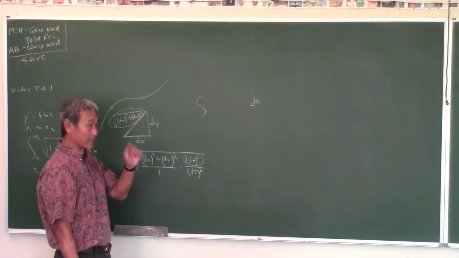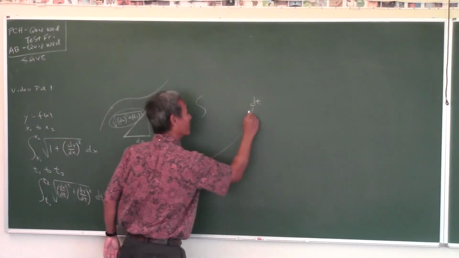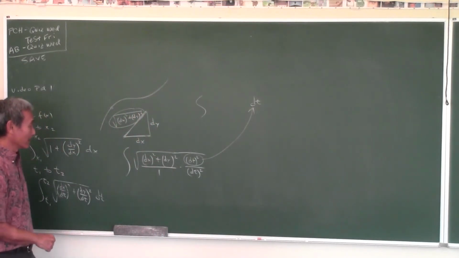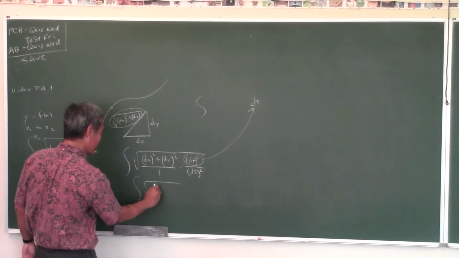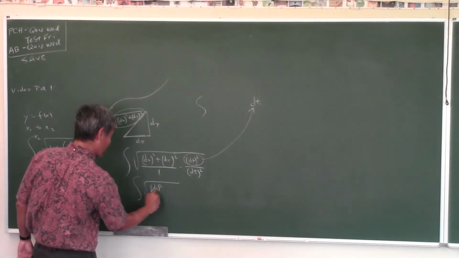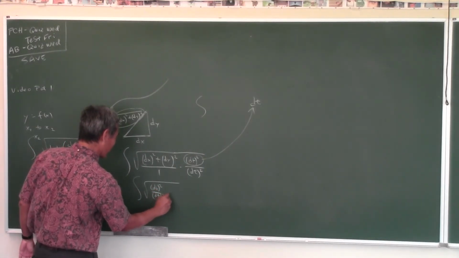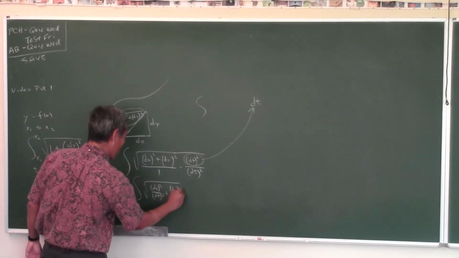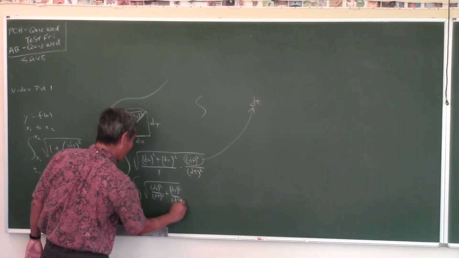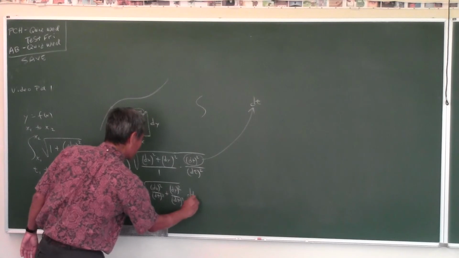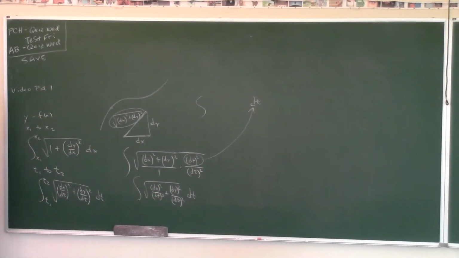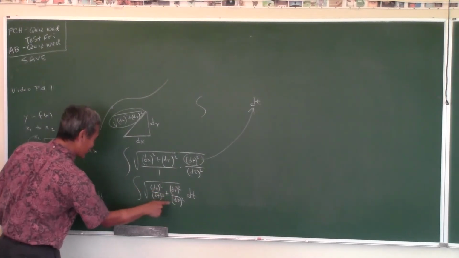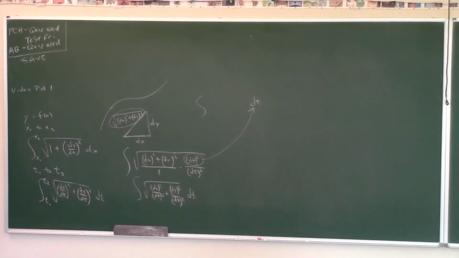The absolute value of dt, but since it's positive, that's how you get the dt out there. Then, if you lift and separate, you get the square root of dx squared over dt squared plus dy squared over dt squared, and then the dt there. Since both of them are squared, that's how you derive this. That's where it came from.